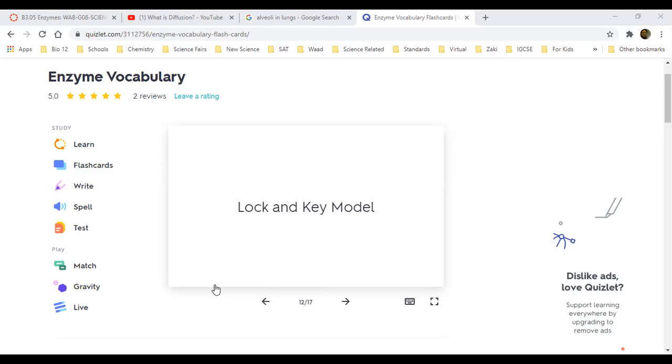What is pH? pH always tells us whether something is acidic in nature or alkaline or basic. Like milk is basic in nature and lemonade is acidic in nature.